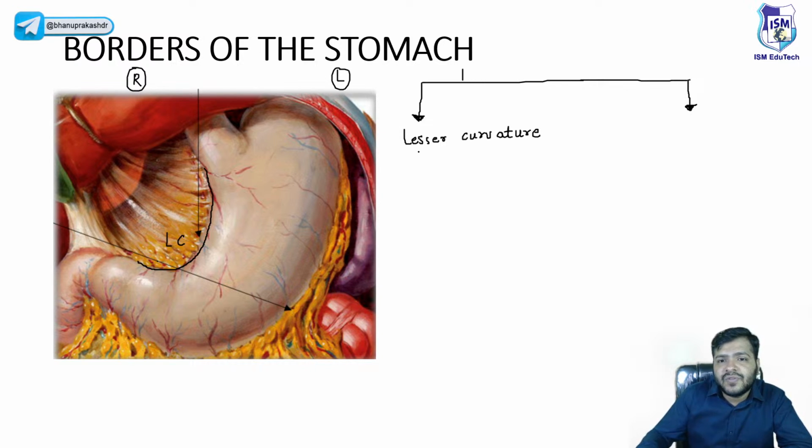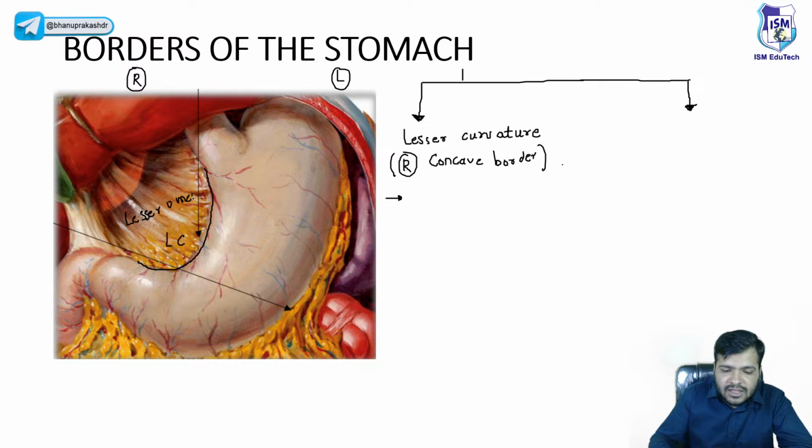The lesser curvature is towards the right and it is concave, so I can simply say it is the right concave border. Apart from that, beta, you should remember what is attached on the lesser curvature. It gives an attachment to the lesser omentum. I hope this is clear to everyone. The lesser omentum I have already explained in detail.